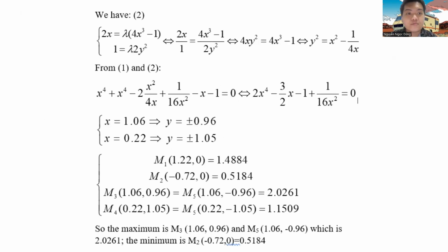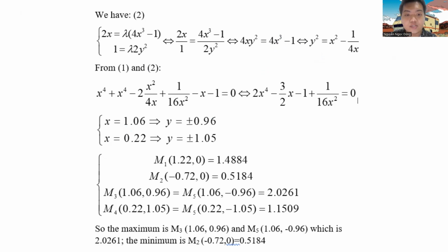In the other case, we get y squared equals x squared minus 1 over 4x, and from it we get 2x to the power 4 minus 1.5x minus 1 plus 1 over 16x squared equals 0.